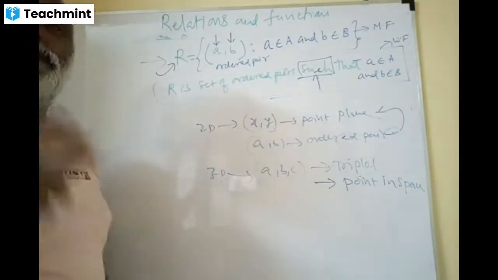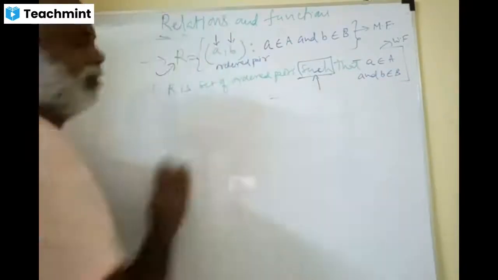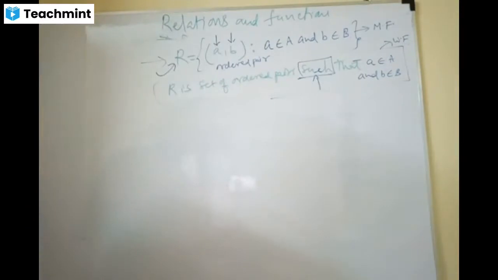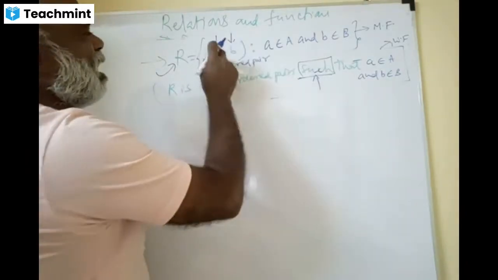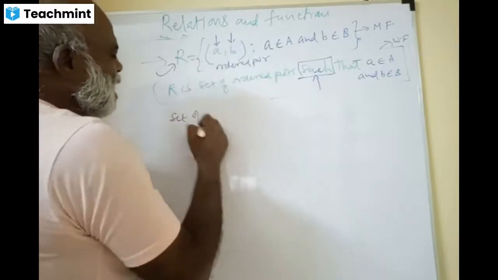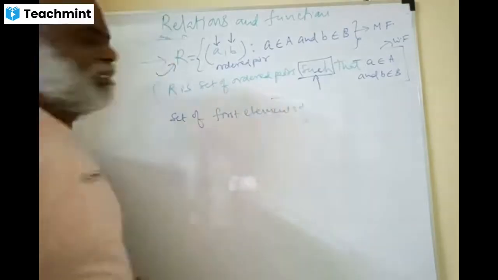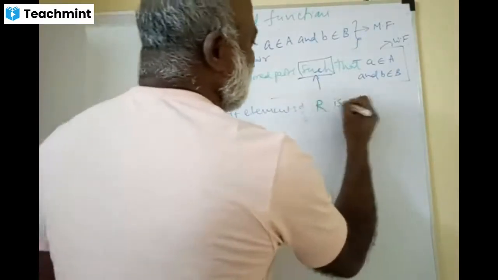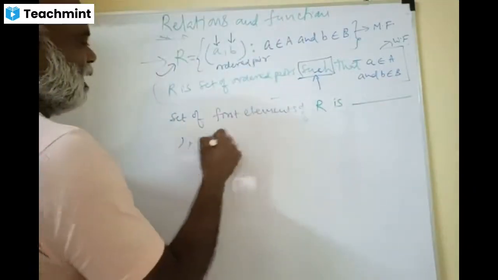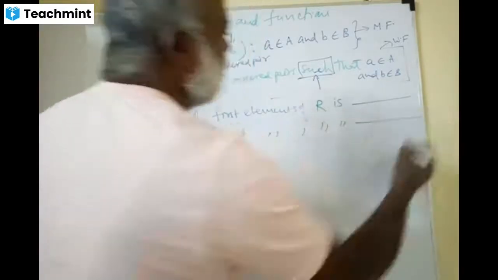Now I am talking about two important concepts. Here, the set of the first elements of the relation R is called dash. The set of second elements of R is called dash.